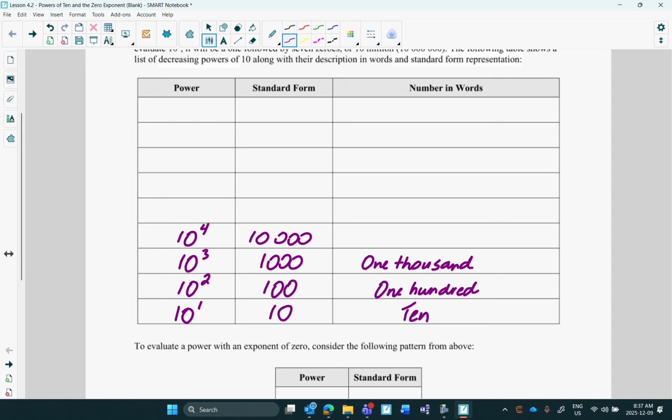A 1 and 3 zeros, etc. And this is 10,000. Ten to the fifth, which means 1 and 5 zeros: 100,000.